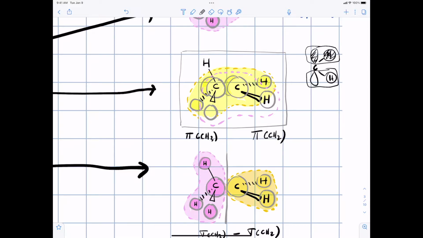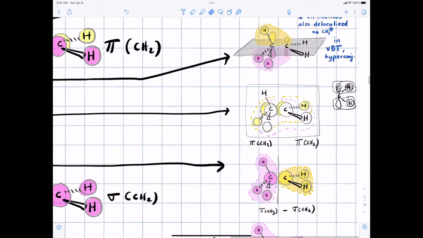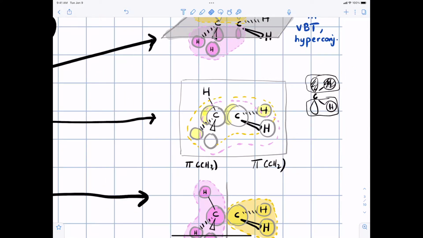Is it like the energy? I just don't know how to word it. I don't understand these pictures. I can't visualize that in my head. Like if it's pi, sigma, look at the pictures.